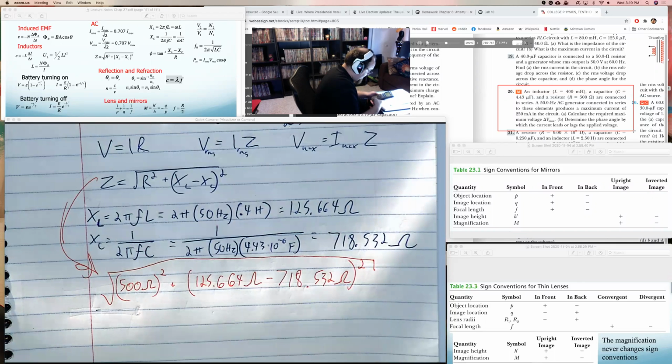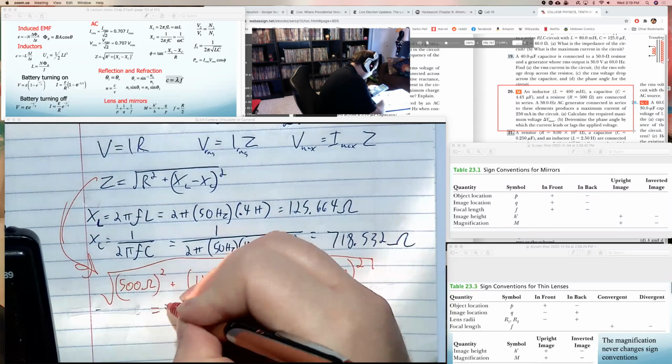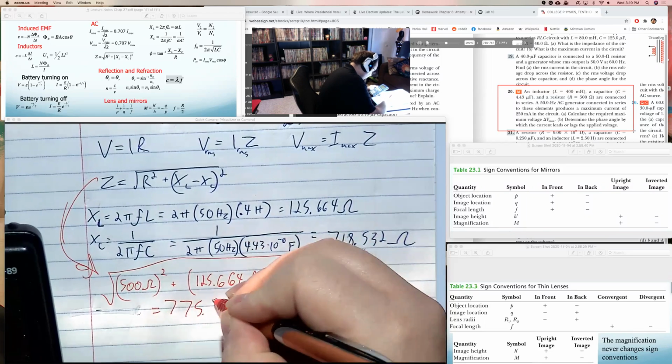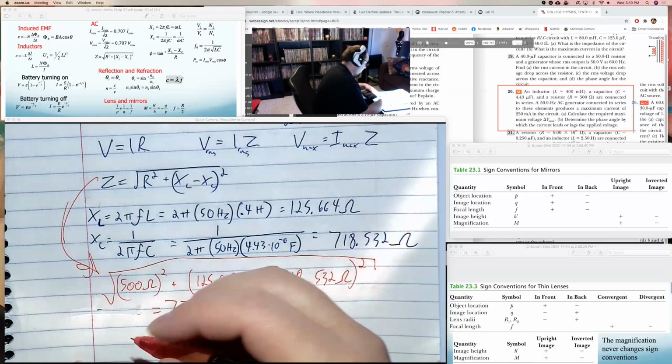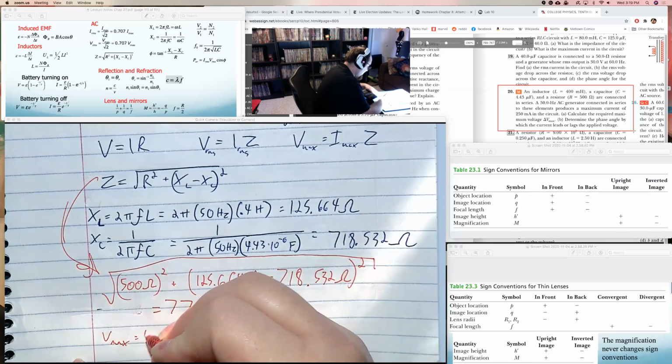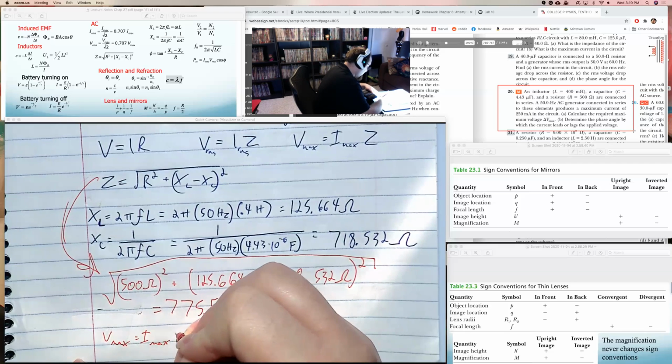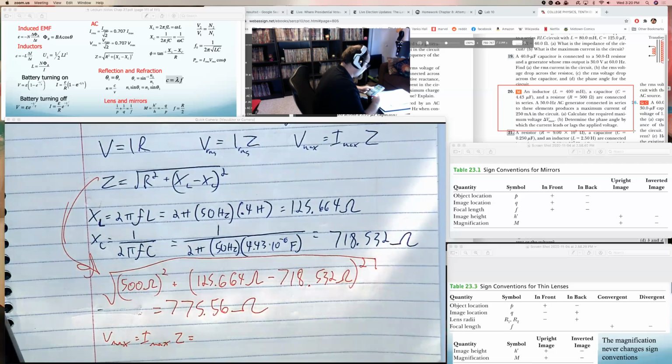That minus this, squared, plus 500 squared, square root of. And now that I have Z, I can go back to this guy and say V max equals I max Z and just multiply together.